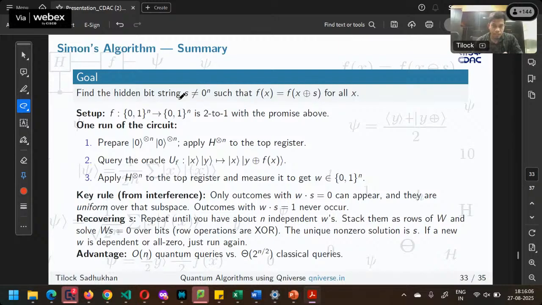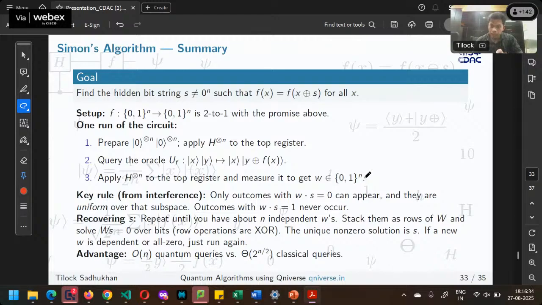Then how we have tried to solve for the bit string is: I prepared the zero states and then applied the Hadamard on the first register. Then we applied the oracle, and then applied the measurement on the second register. After that we applied the Hadamard gate on the first register, which gives us those values of w for which s dot w equals 0.